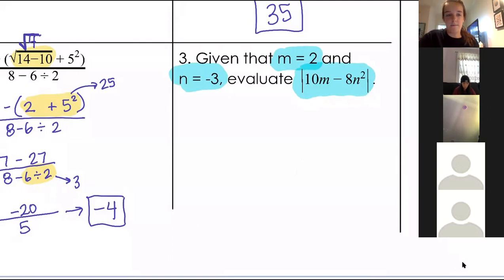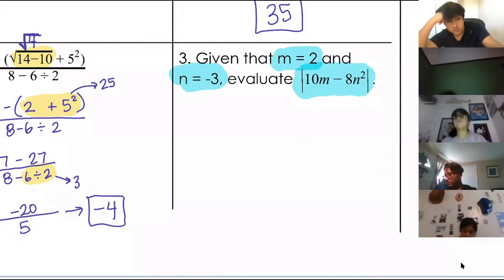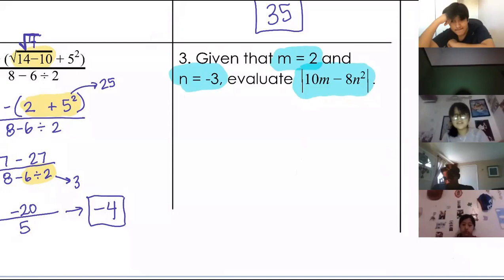All right. Can someone who feels confident go ahead and unmute yourself? What should we do with the m and the n? Plug it in. Yeah, with the numbers that they gave us. Thank you, Roxana.